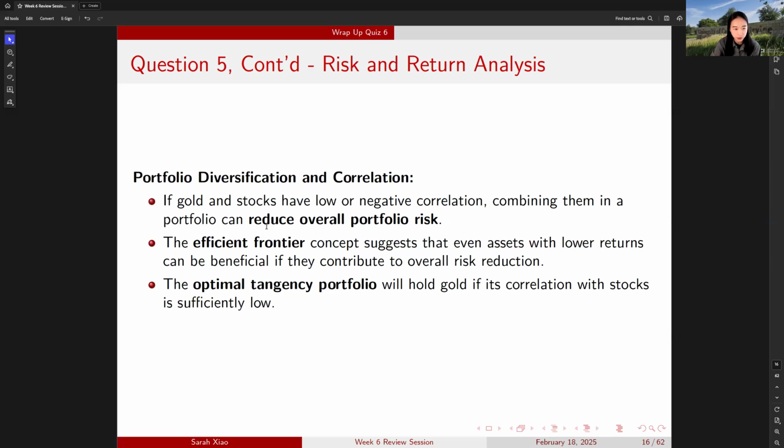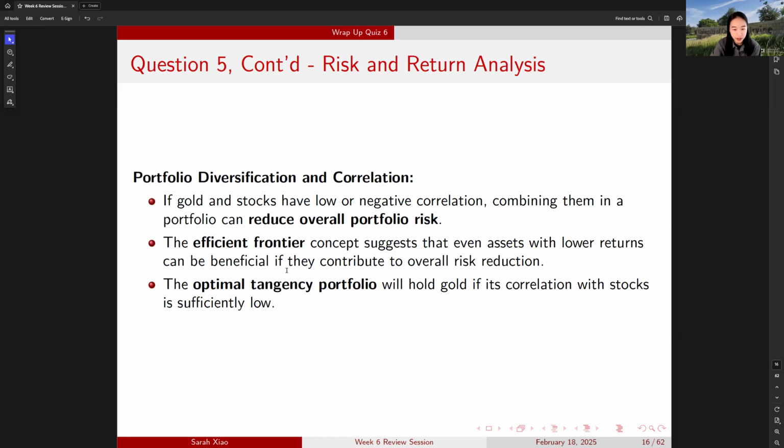Next, we want to discuss a bit more about portfolio diversification and correlation. If gold and stocks have low or negative correlation, combining them in a portfolio can reduce the overall portfolio risk. The efficient frontier concept suggests that even assets with lower returns can be beneficial if they contribute to overall risk reduction.